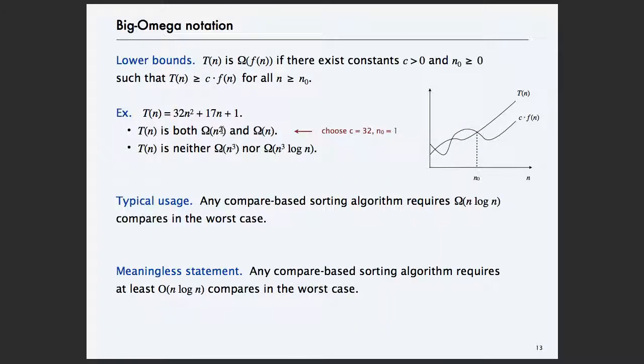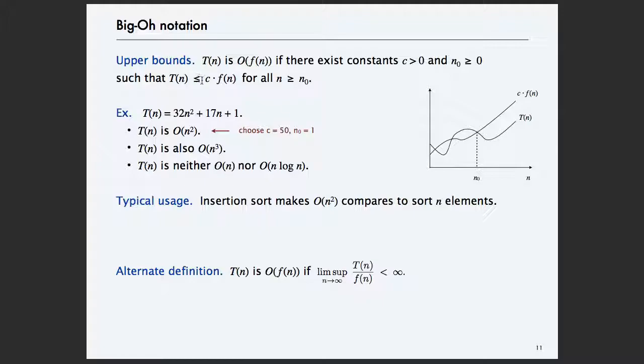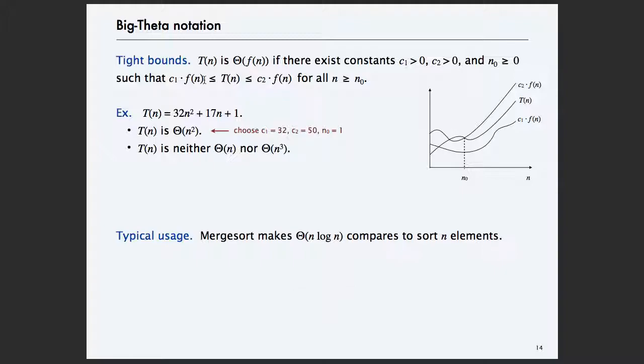Omega is kind of the reverse-ish of this, right? Here we have less than or equal. In here we have greater than or equal, except that the fact that there exists and things like that don't necessarily make them the converse of each other.